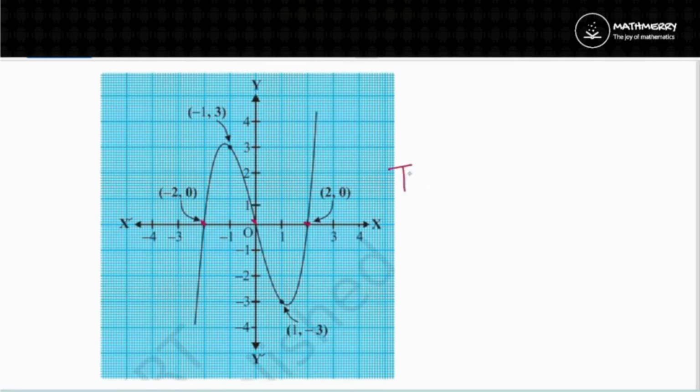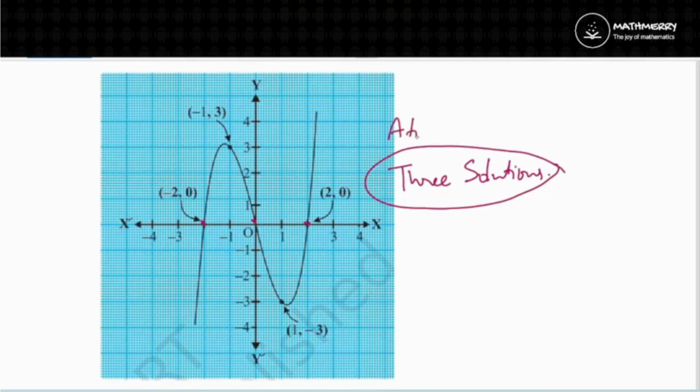So we have three solutions here. So a cubic polynomial can have at most three solutions. Okay, at most three solutions are possible for a cubic polynomial.